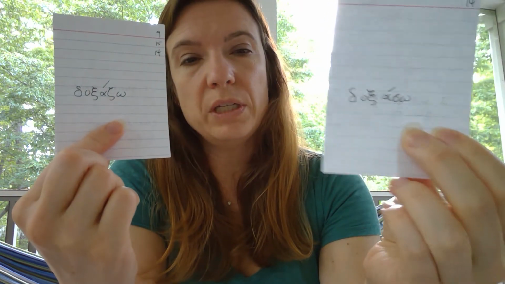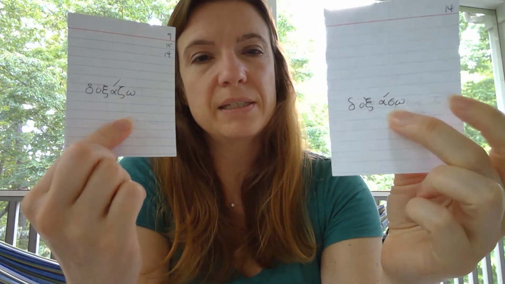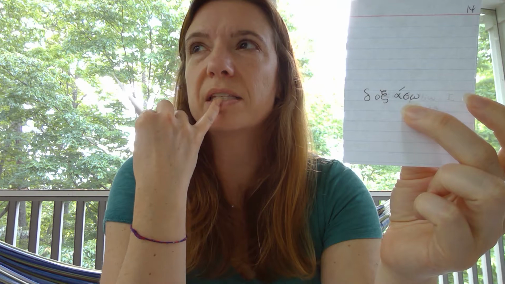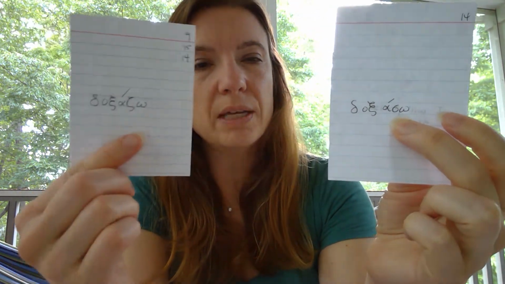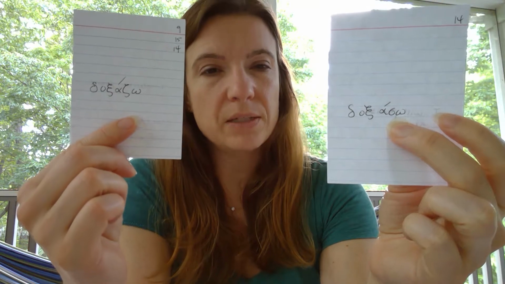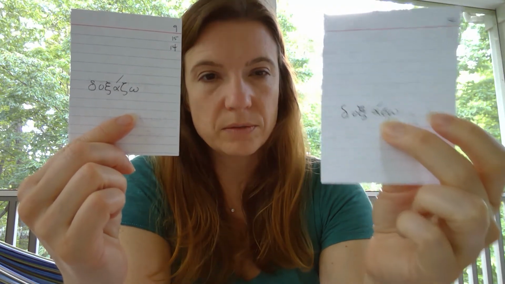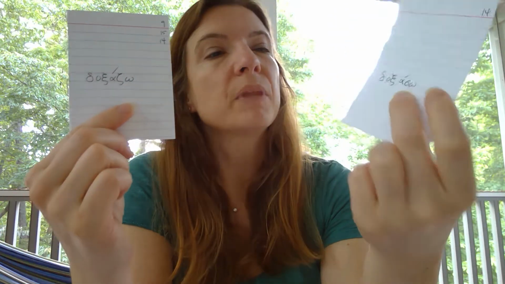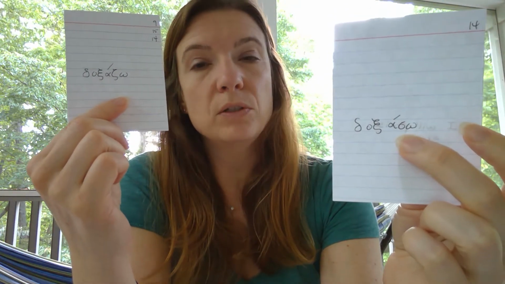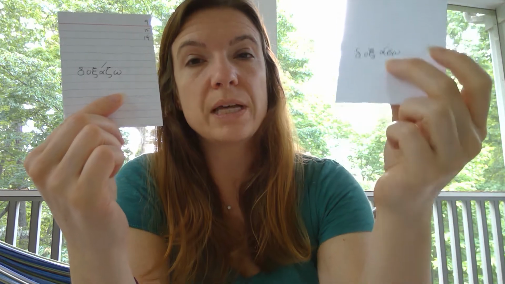And it becomes just an unvoiced sibilant. A sibilant is something that sounds like a whistle, like air going through your mouth. Doxazo, I glorify or praise. Doxazo, I will glorify, I will praise. Good.